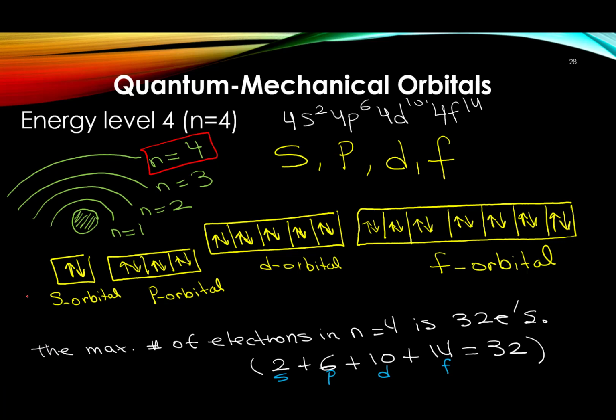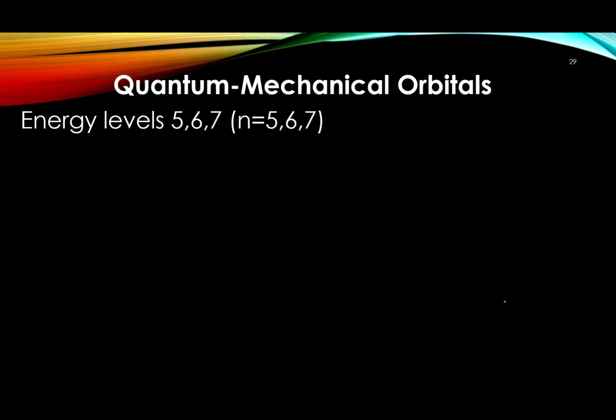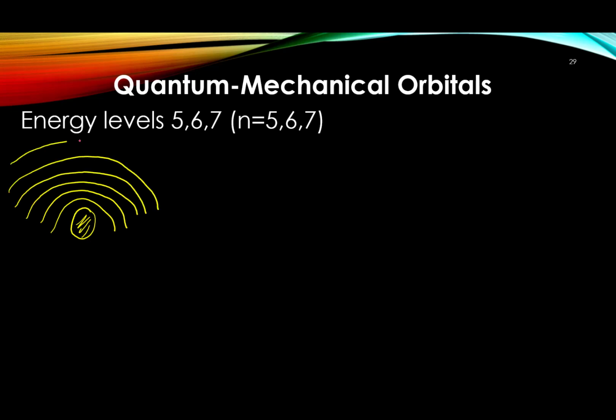Let's change to pen. Now, in energy level 5, 6, and 7, it's the same as energy level 4. Okay, let me do my nucleus. 1, 2, 3, 4, 5, 6, and 7, right?